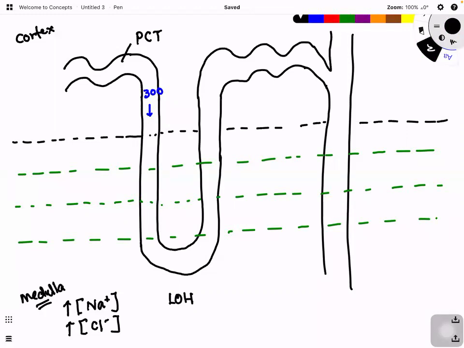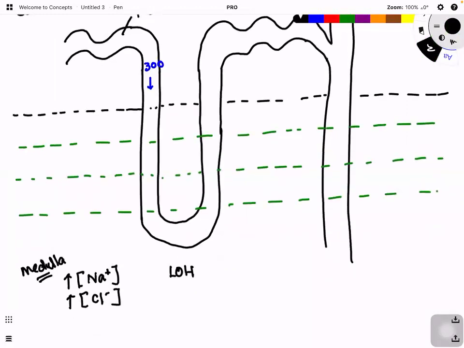For example, in the region nearer to the cortex, the osmolarity is roughly about 600 units. Then when you go deep down into the medulla, you can see the concentrations increase: 800, 1000, and 1200. You can see that the osmolarity changes gradually.